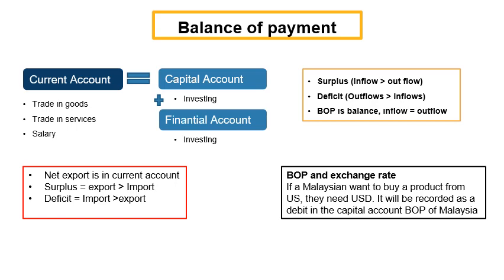But at the same time, in the balance of payment, we can find out about the balance of trade of a country. For example, when there is a positive net export, it means their exports are more than their imports.